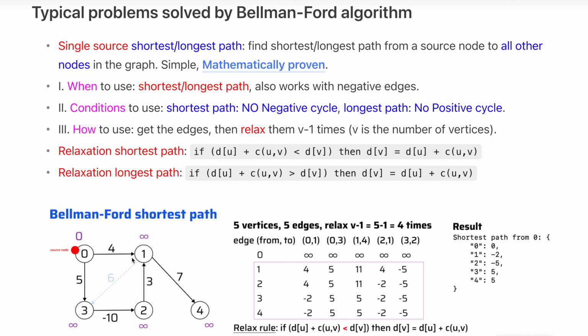To translate it into our graph, let's say that U is node 1 here and V is node 4 here. Basically what it says is, if the distance from node 0 to node 1 plus the distance from node 1 to node 4 is smaller than the distance from node 0 to node 4, then we're gonna update the distance from node 0 to node 4 with the value of the distance from node 0 to node 1 plus the cost of node 1 to node 4.